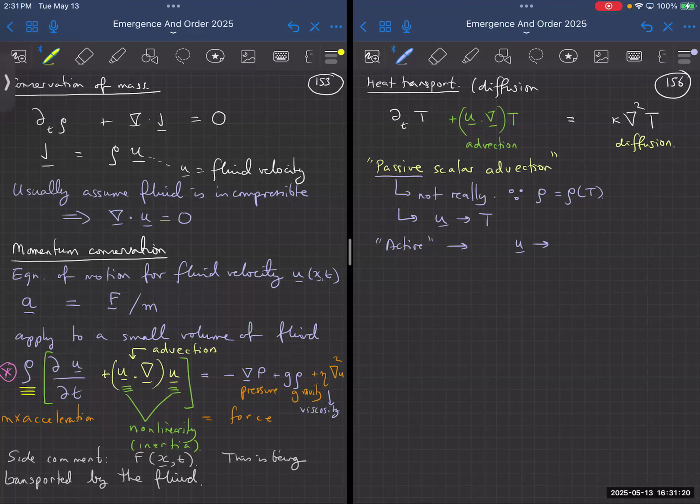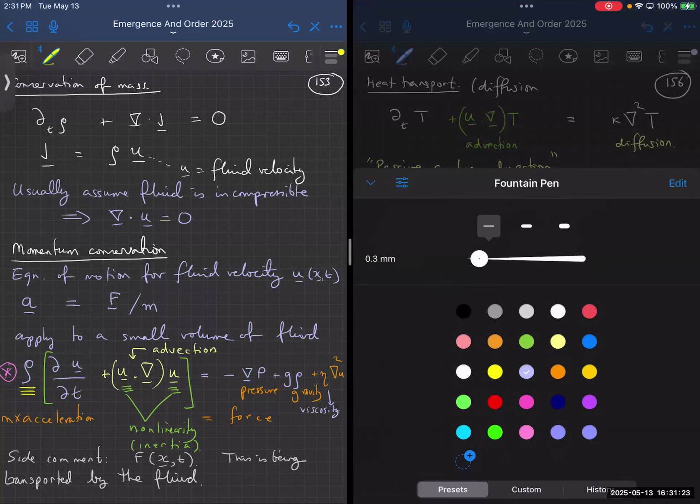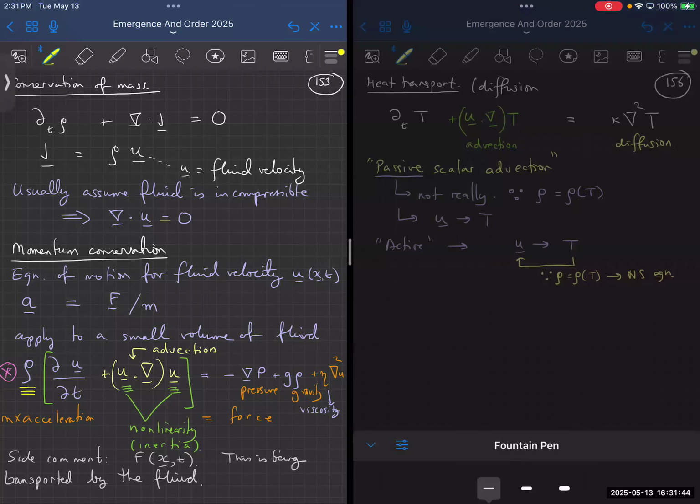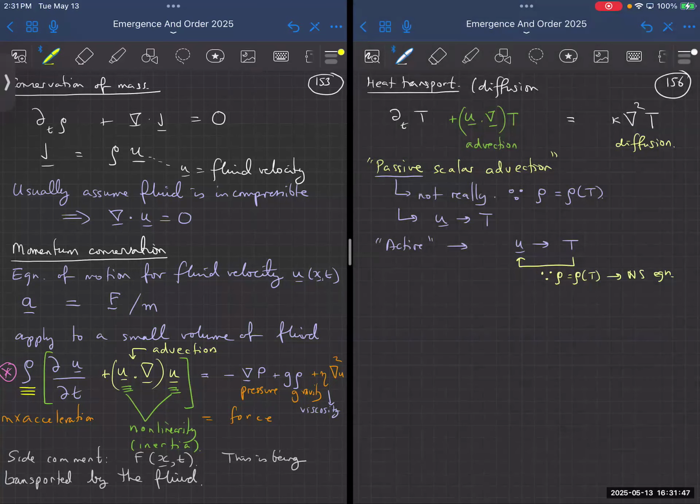U determines T, and then T determines U. Okay, and that's what we have here. And this little bit happens because rho is equal to rho of T, and rho of T goes into the Navier-Stokes equations. Okay, so that's a complication that we're going to need to worry about, and basically what we'll end up doing is essentially throwing it away in some sense. Okay, so that's the heat equation.